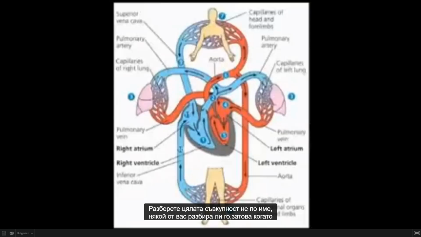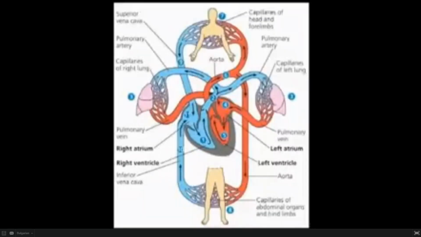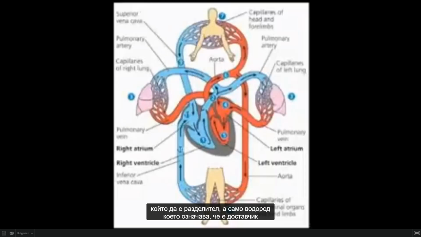Then you see it. That's why when you drink sweet drinks, or when you take sugar, you go hyper, because there is no nitrogen to be a divider. It's only hydrogen, which means it's a supplier. You supply so much energy, you give it to the child, it runs like a rabbit, because that hydrogen is in the link.